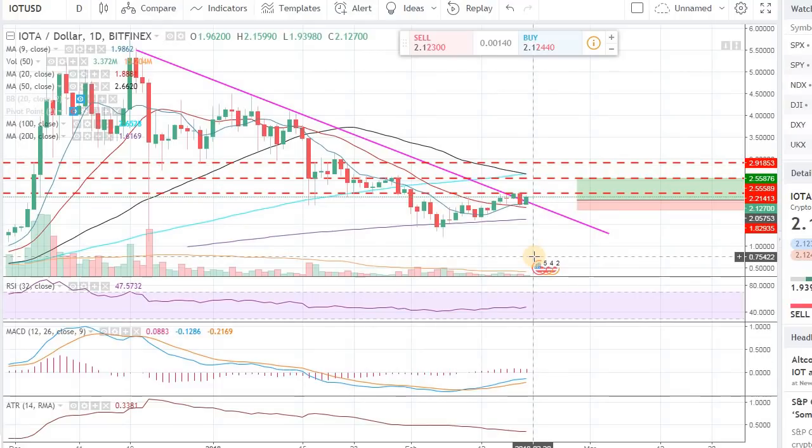Okay, that's what we were looking at. I think there's a break coming in IOTA as well. It's coming to a very major resistance trend line, and it's trying to break out of it. So keep an eye on IOTA. I think there's a potential break coming, but we need to see the volume. Volume needs to pick up. So that's pretty much it.